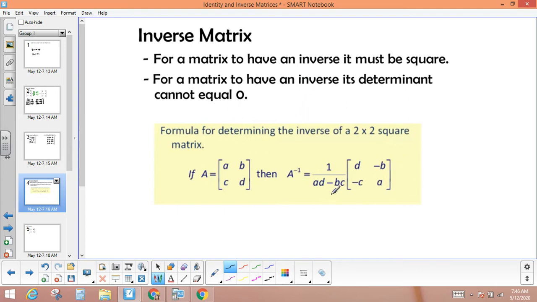So this is our formula. If you look at the formula, you see that this right here is the determinant. If I multiply this diagonal minus this diagonal, like Ms. Hall showed in the last video, then you can see that that's the determinant.